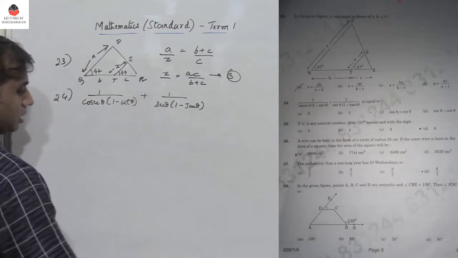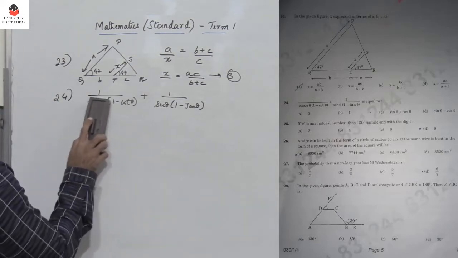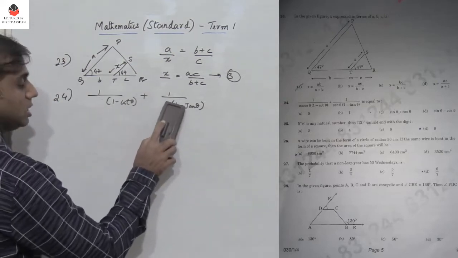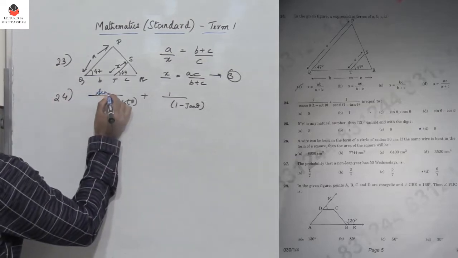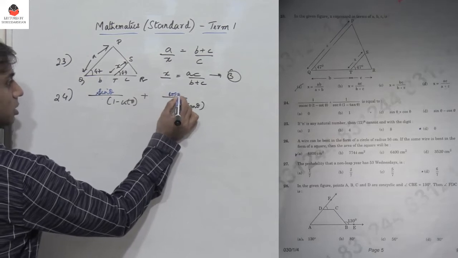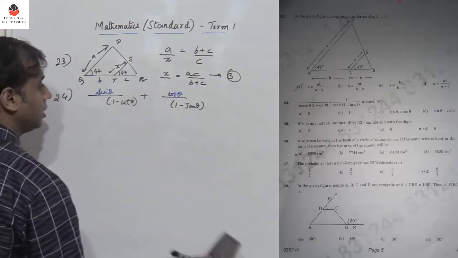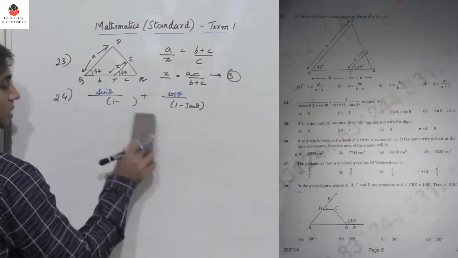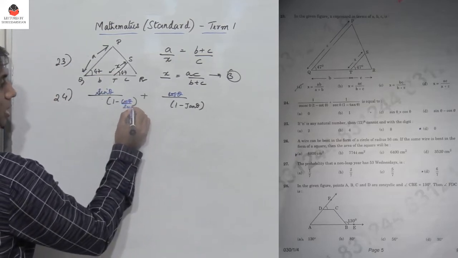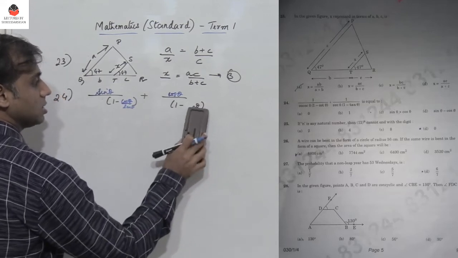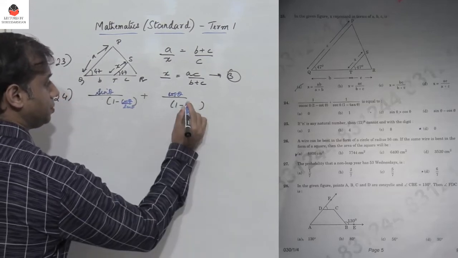So cosecant theta can be written as 1 by sine, so sine will go on top. Similarly, secant is 1 by cos. So this is sine theta, and you have cos theta. Cot theta can be written as cos by sine. So this is cos theta by sine theta. And tan theta can be written as sine theta by cos theta.